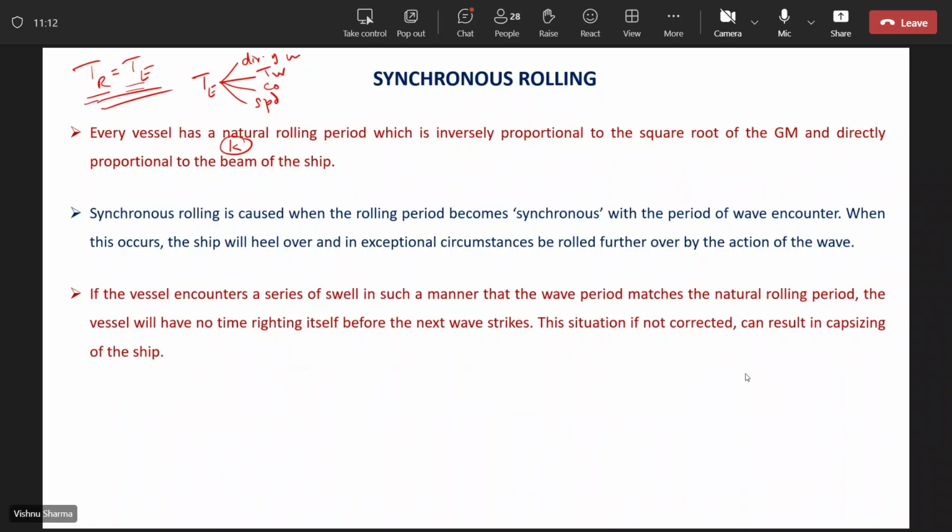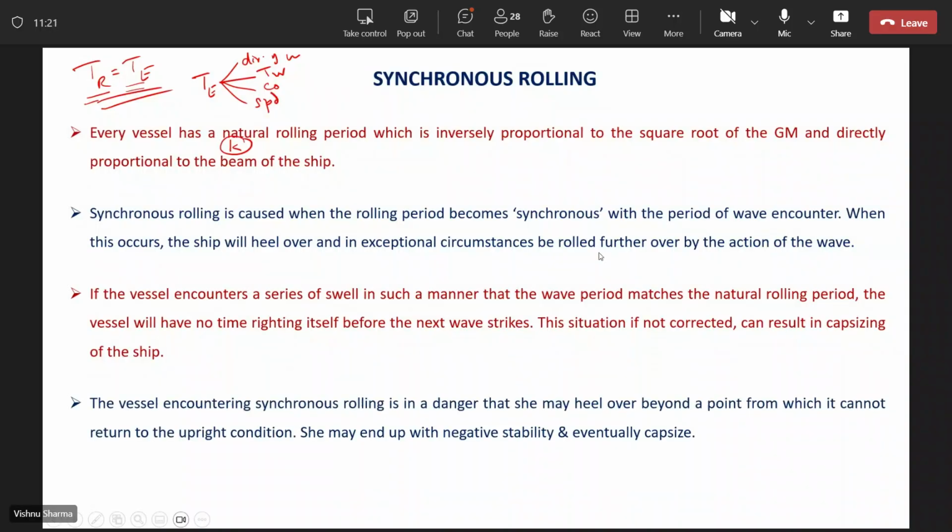If it is not checked, it can lead to the loss of the ship. The vessel encountering synchronous rolling is in danger that she may heel over beyond a point from which she cannot return to the upright condition. That means she may reach the angle of vanishing stability and then she cannot return. This may end up with negative stability and eventually the vessel may capsize.